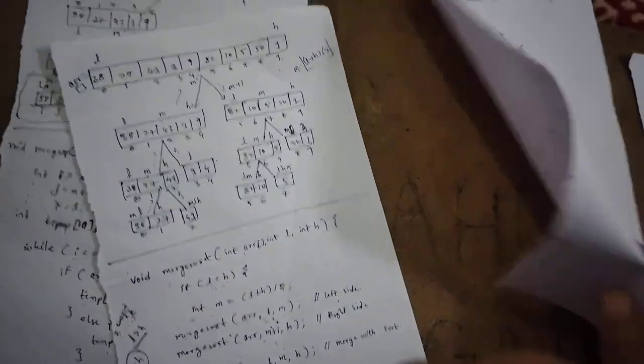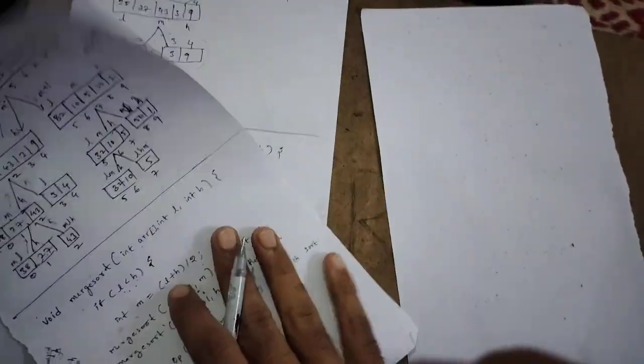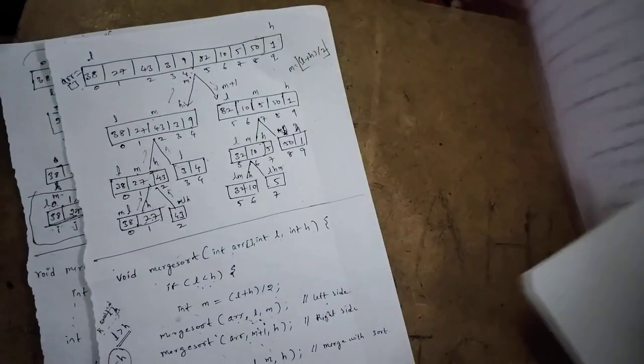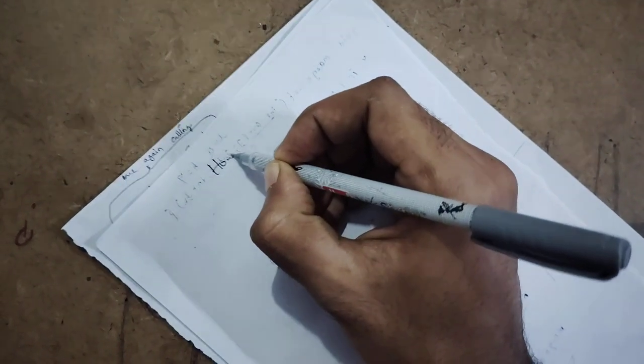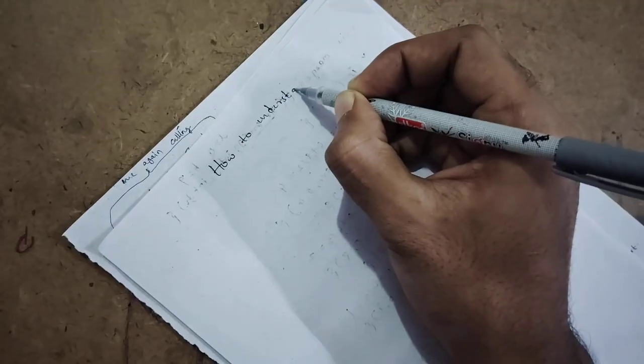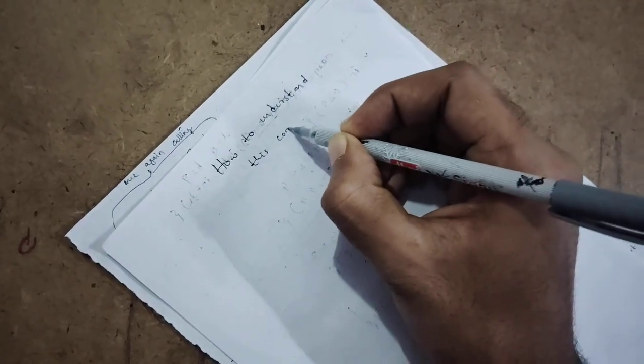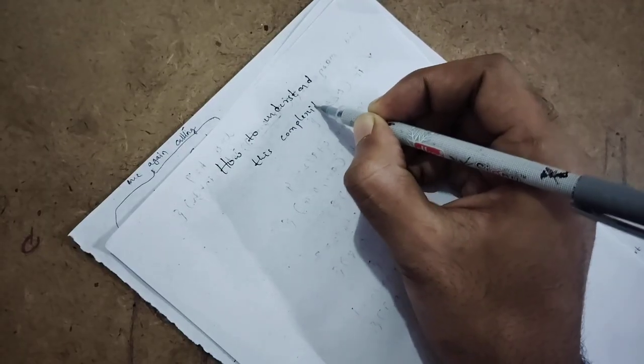Everyone has a confusion about how to understand this, and it is very large, and how can I understand this? That I will give, how to understand this complexity.